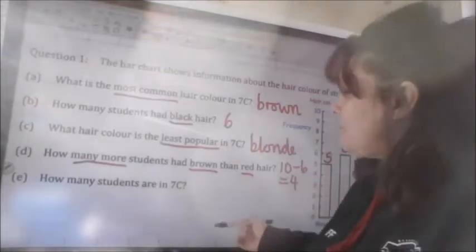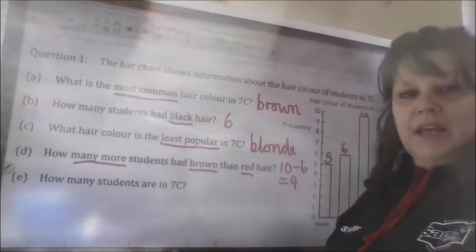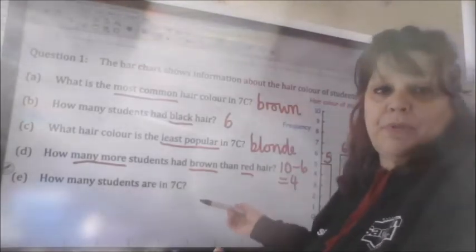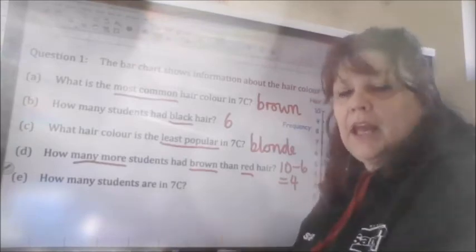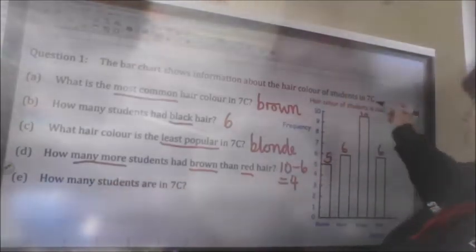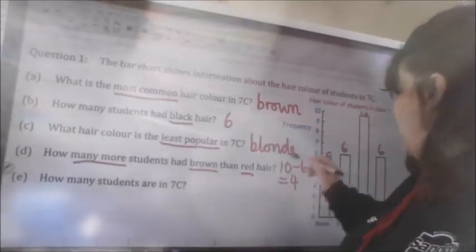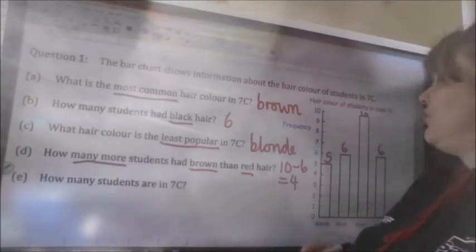Okay. And then finally, how many students are in 7C? So you might see something that says how many altogether. It means exactly the same thing. So that's telling me I need to know how many students altogether in 7C. So that means I've got to add all of my columns together.